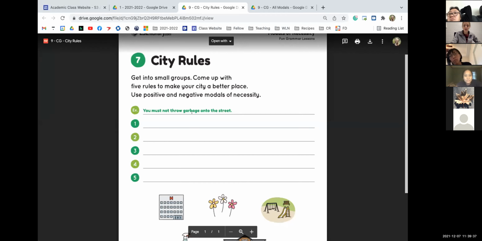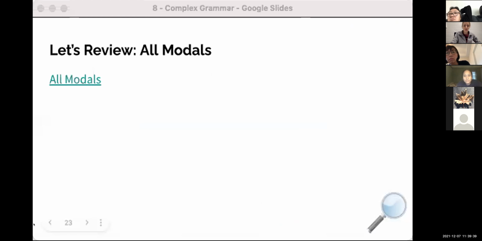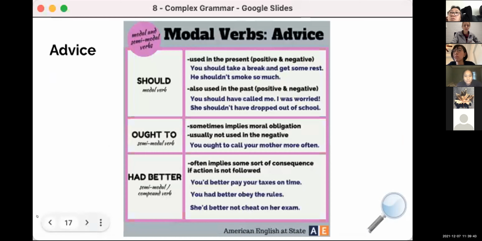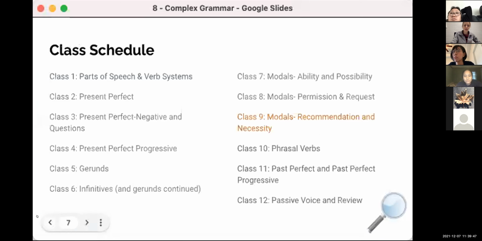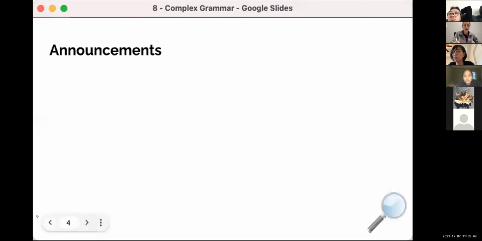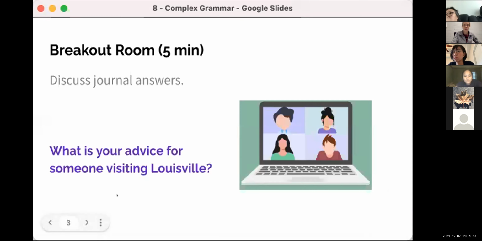So come on back to the journal that you wrote at the beginning of class. And just check your sentences again for the modal that you used in your advice sentences. I only use should. Okay. Now you can change and write something else instead.